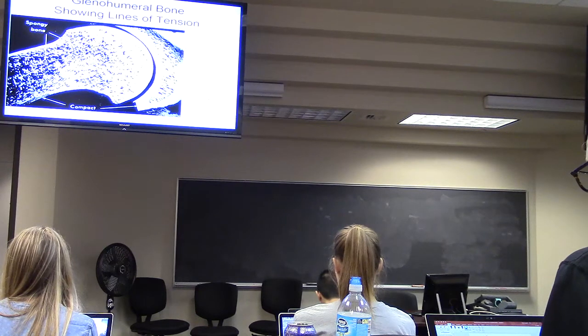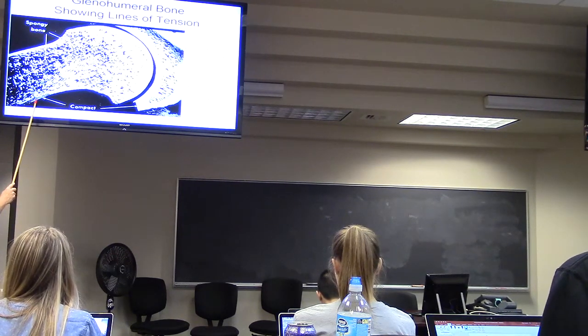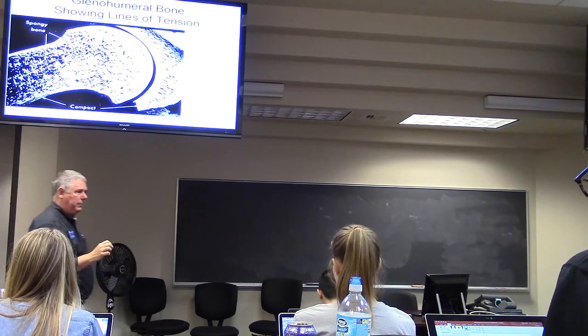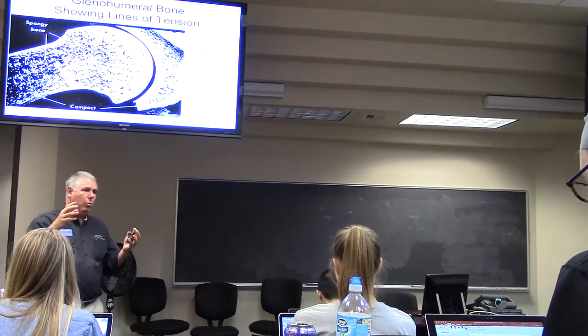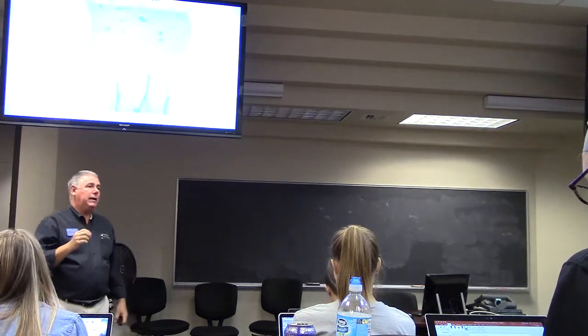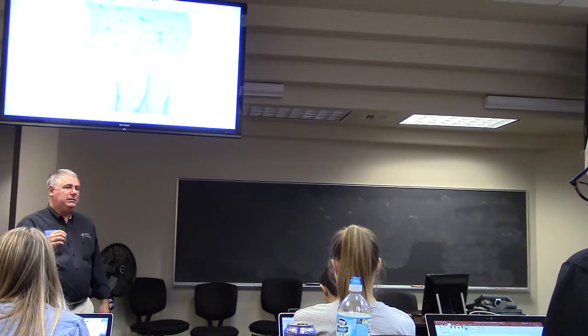It goes around the collar of the bone. Now, the compact bone operates by a different mechanism. It's not that interstitial bone growth that we saw earlier. It grows by a process called Haversian systems.